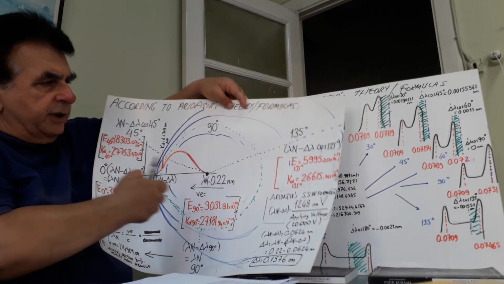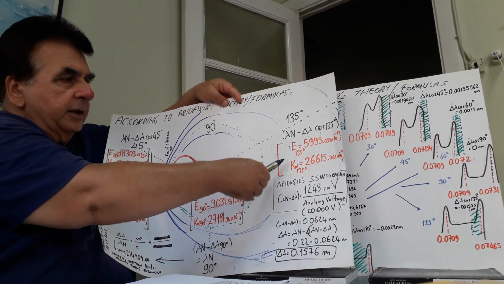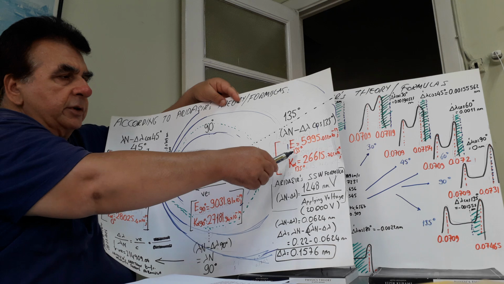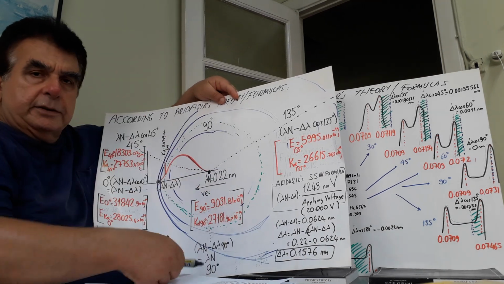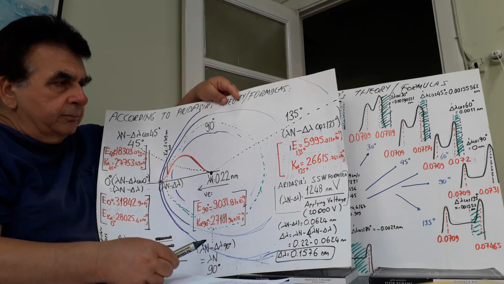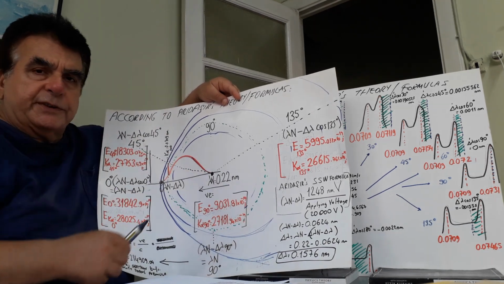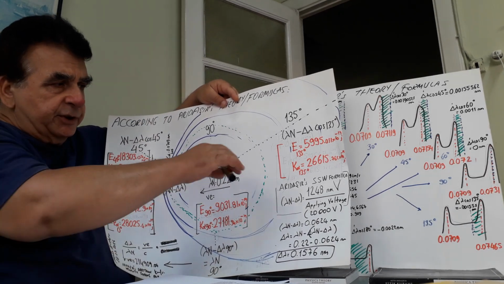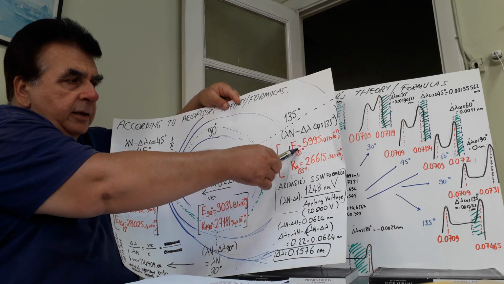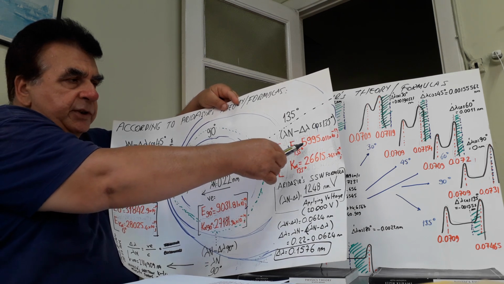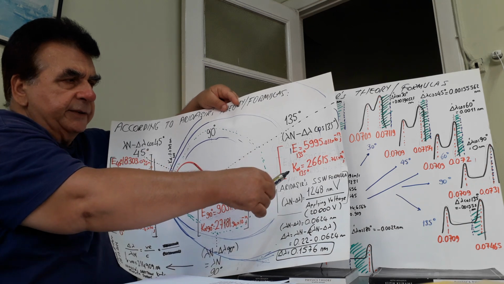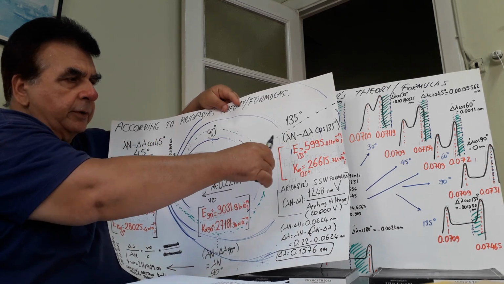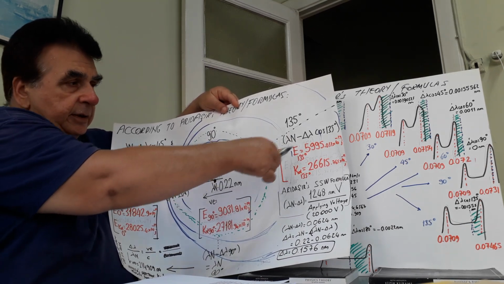In the opposite direction, 135 degrees, together minimum, together smaller, the point energy is 5,995 times 10 to the minus 19 joules in this direction.